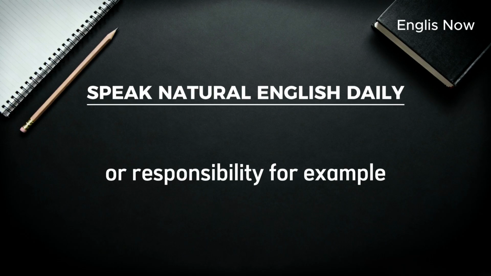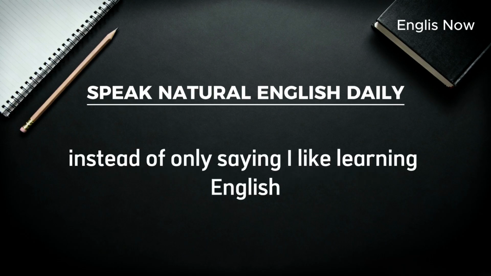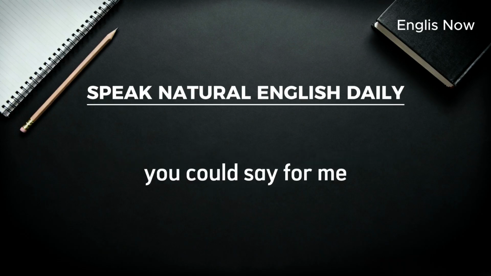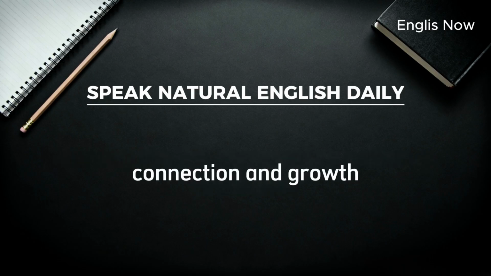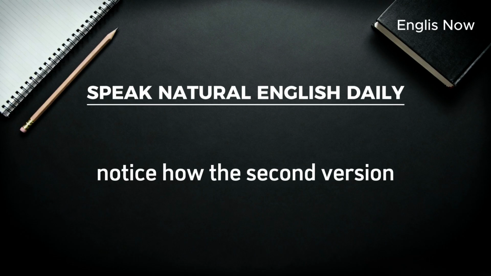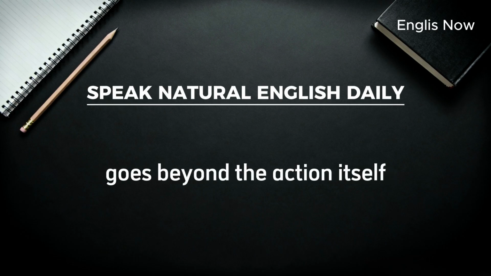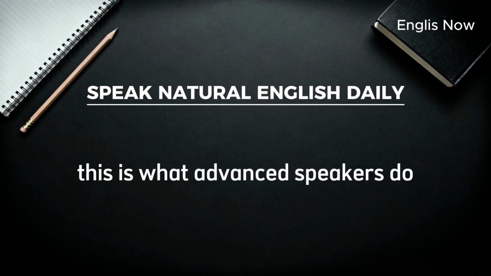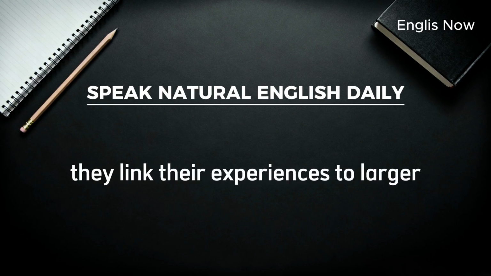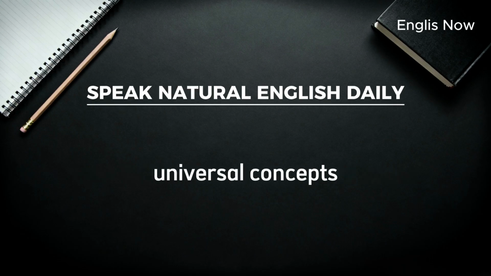For example, instead of only saying, I like learning English, you could say, for me, learning English represents a pathway to freedom, connection, and growth. Notice how the second version goes beyond the action itself and touches on a bigger idea. This is what advanced speakers do. They link their experiences to larger, universal concepts.